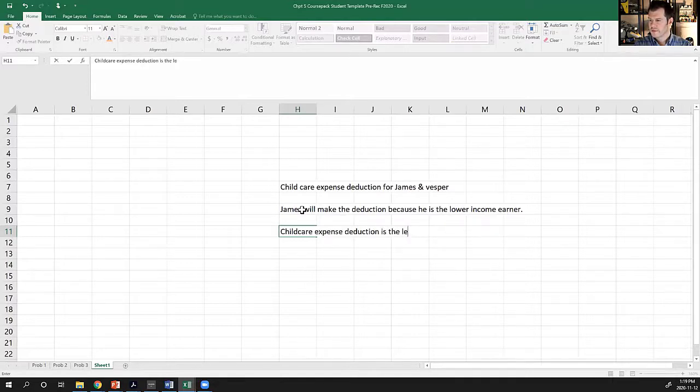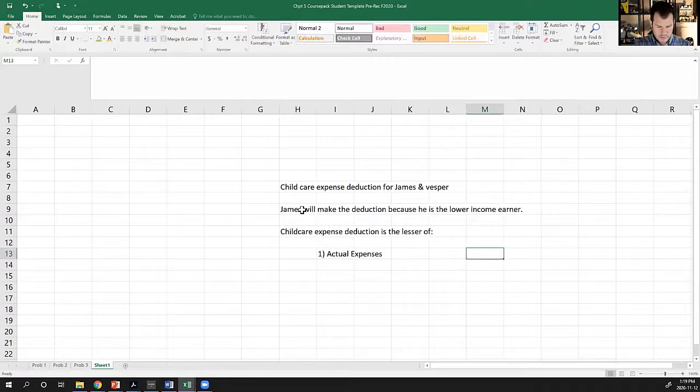It'll be the lesser of three things. One, which is going to be the actual expenses. What was it, 22 grand? Okay, two is going to be the annual limits.